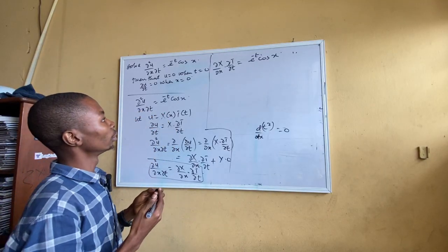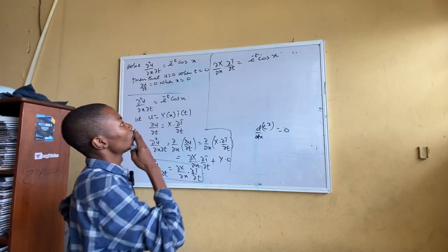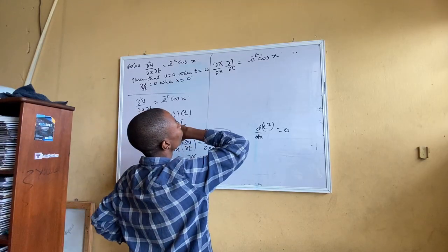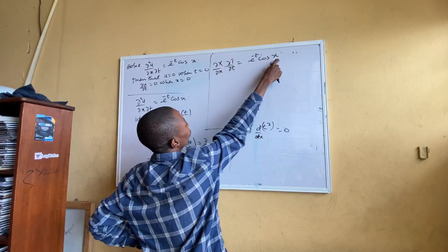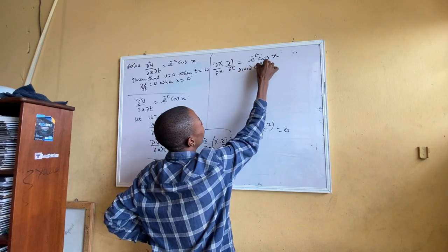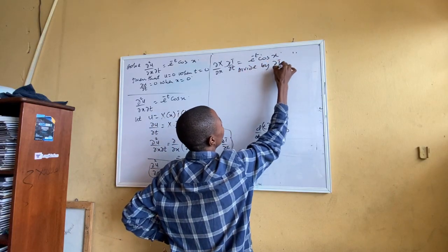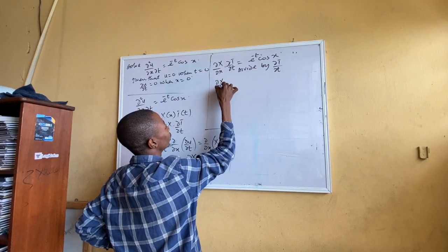We separate. This time around we are not dividing by X times T. If I divide both sides by the big T, the small t, what are we going to have? This side will remain just the X double prime here.